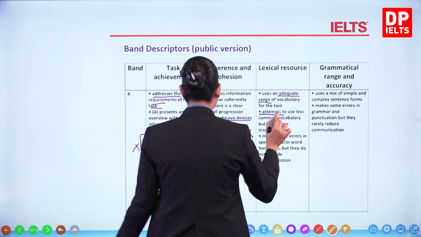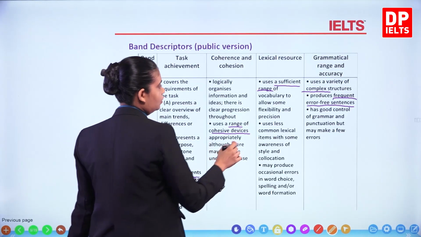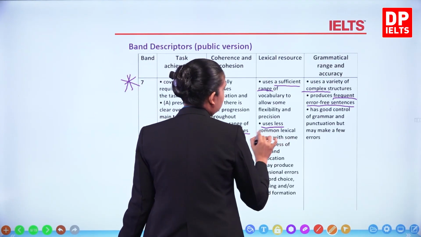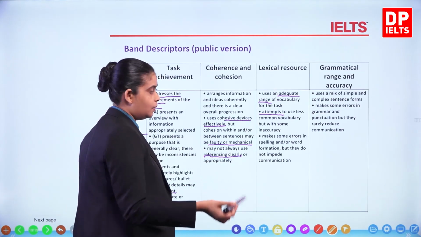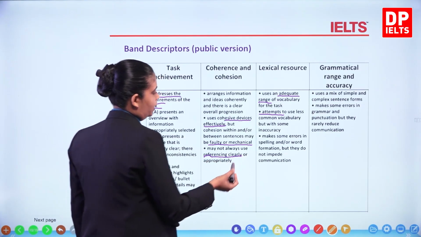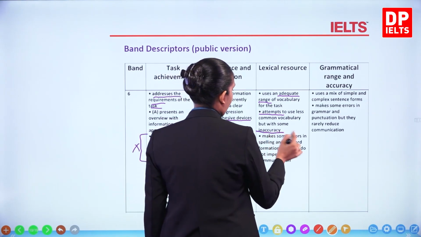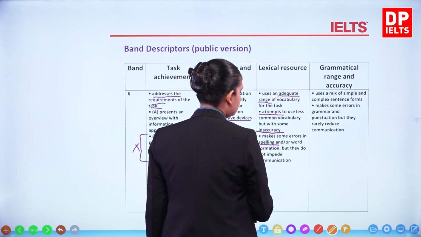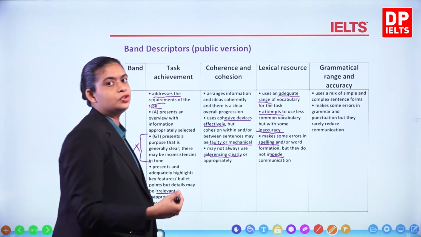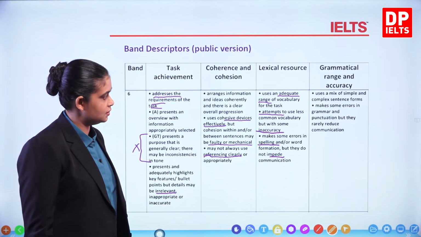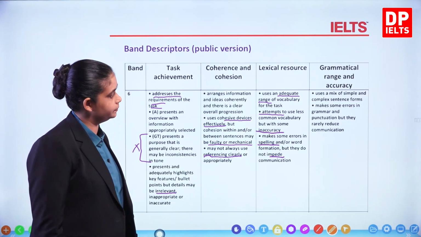Here, you are attempting to use them with some inaccuracy. There are spelling errors, right? But it does not impede, meaning it does not tarnish what you want to actually express. So it is fine.